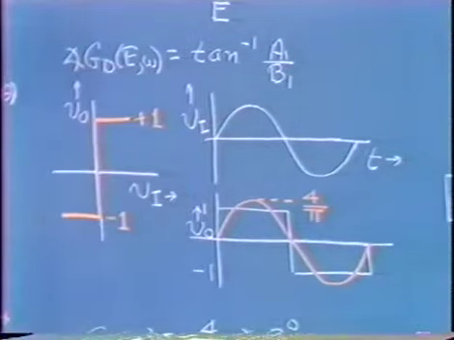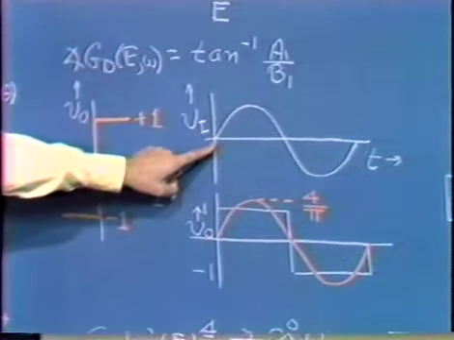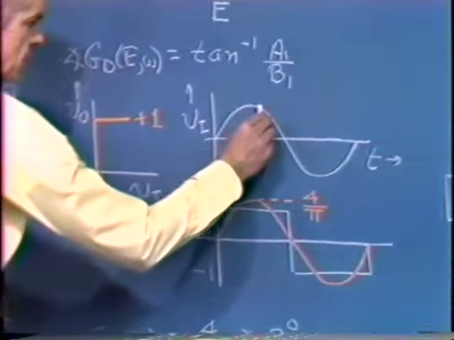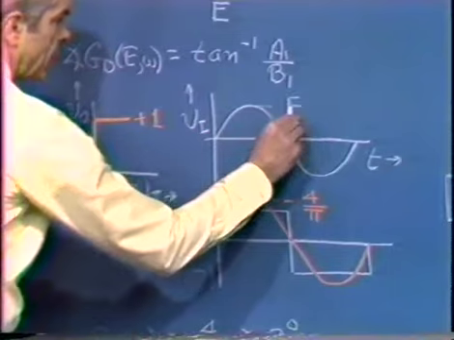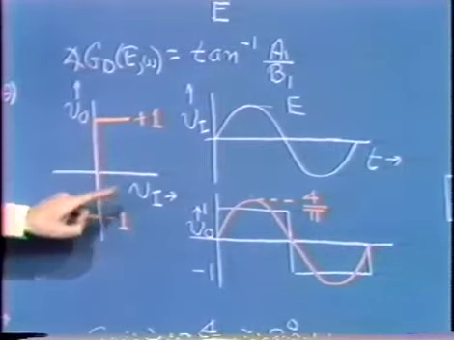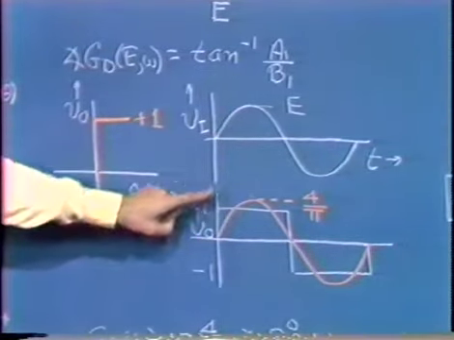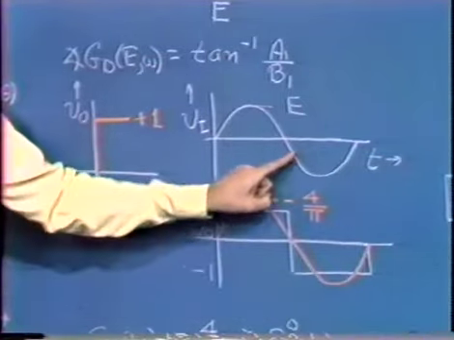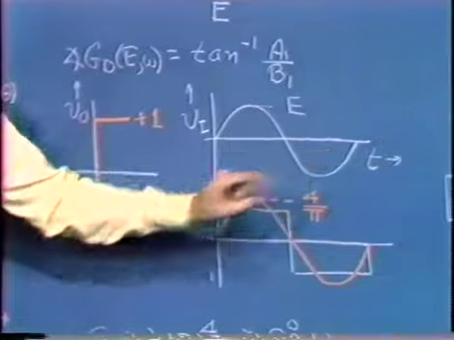Let's now test our system and recall that what we do is apply a sinusoid to the input of our nonlinear element, and the amplitude of that sinusoid will be E. That's the amplitude of the sinusoidal test signal that we apply to our nonlinearity. In response to that input, the infinite gain limiter gives us an output that's +1 whenever the input is positive, and -1 whenever the input is negative.